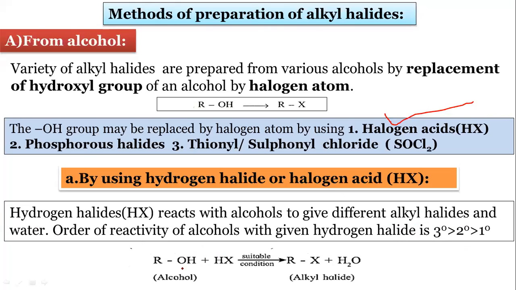This is the general reaction: ROH, the alcohol, plus HX, hydrogen halide, under suitable conditions. We get the alkyl halide and water will be eliminated.